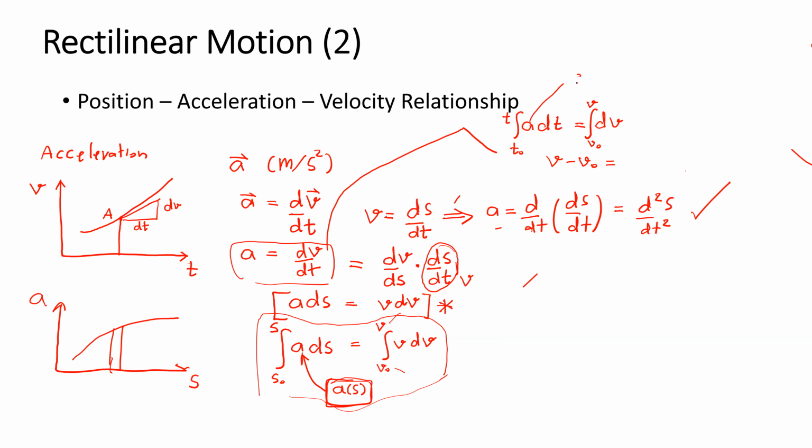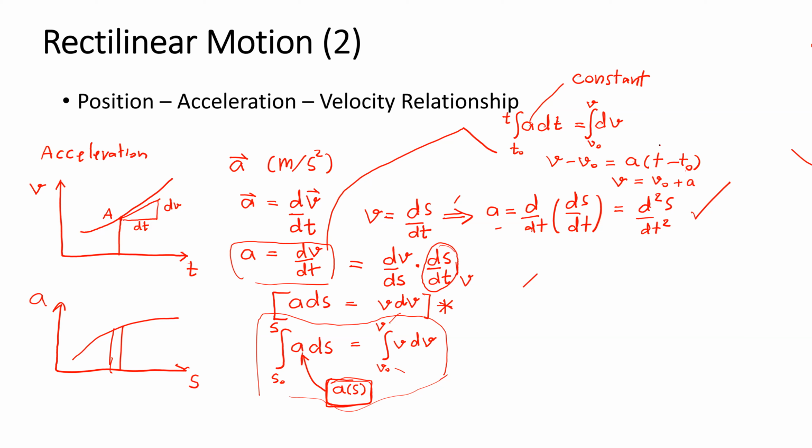And in the case of constant acceleration, what we can get from here is if the acceleration is constant against time, we can bring it out from the integral, and the integration will be just t minus t0, and it seems like velocity is equal to the initial velocity plus the acceleration multiplied by the time change.